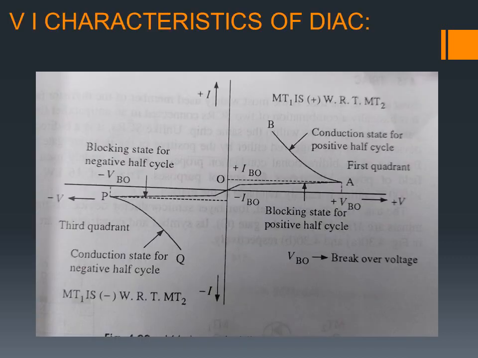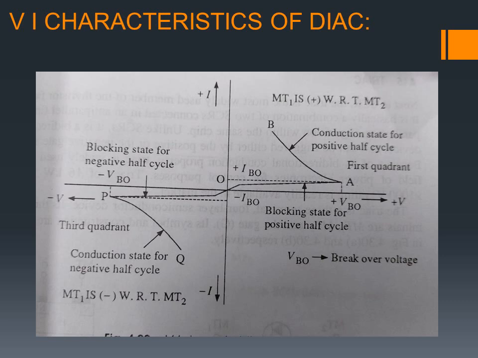Now here is the VI characteristics or voltage current characteristics of diac. The diac can be triggered by either positive or negative half of an AC cycle.